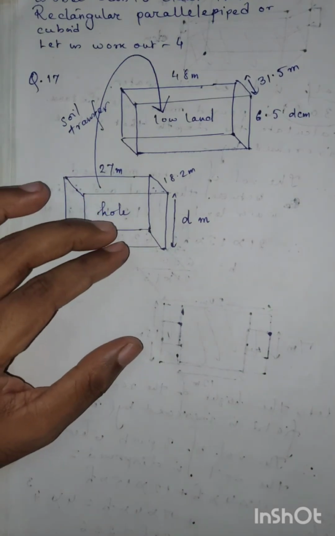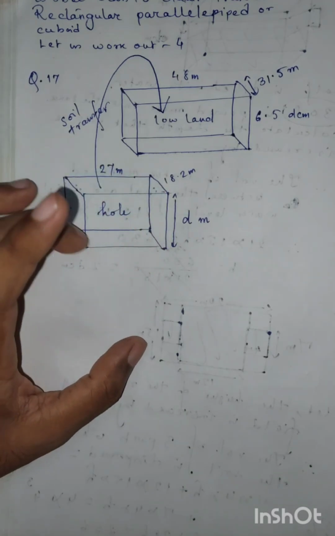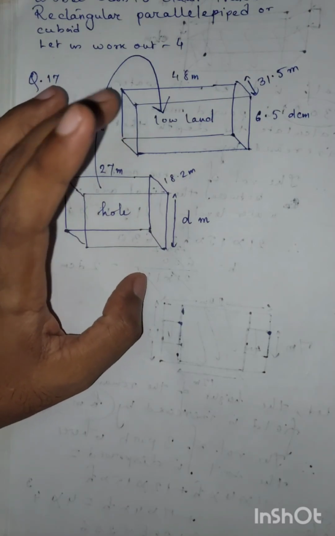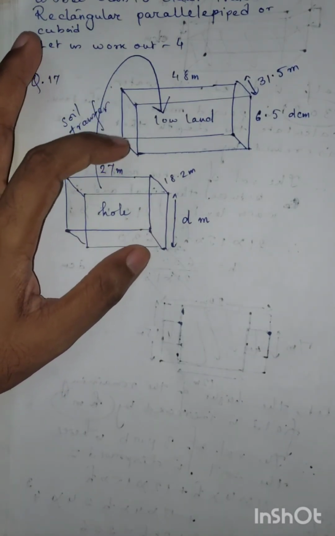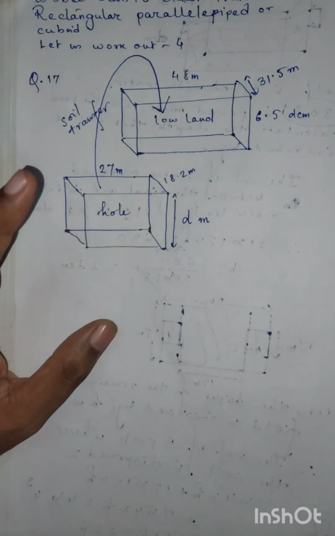So the soil is being transferred from this hole to the lowland. We want to elevate the height of the lowland. That is why we are taking soil from this place.